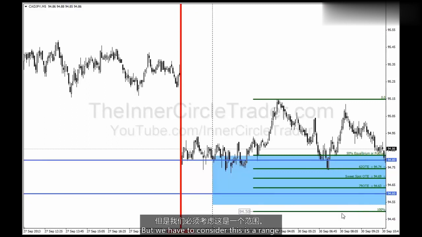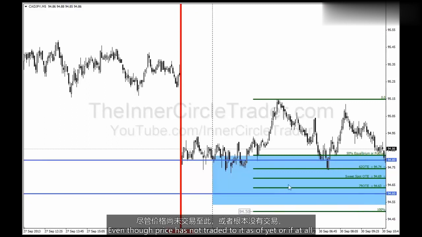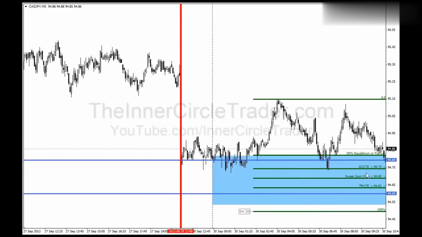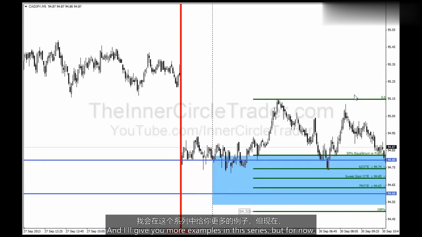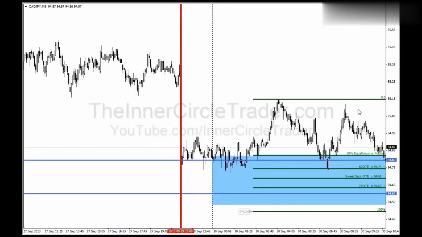But we have to consider this is a range. Even though price has not traded to it as of yet, or if at all, we still consider that because it's a probable range where price may have a bounce. I'll give you more examples in this series, but for now, let's just work with this one.